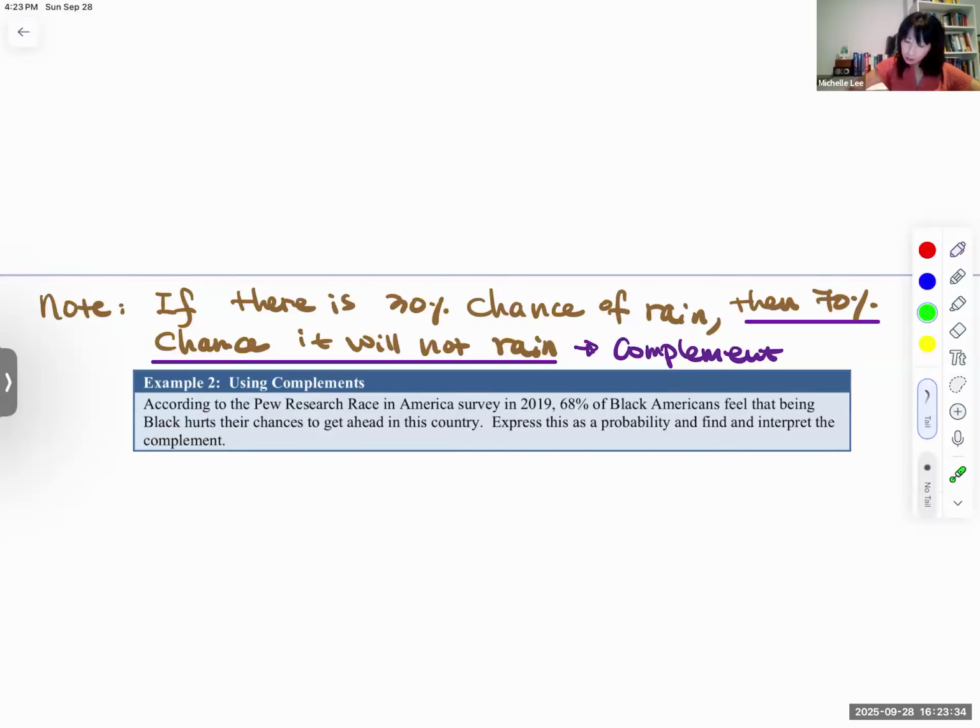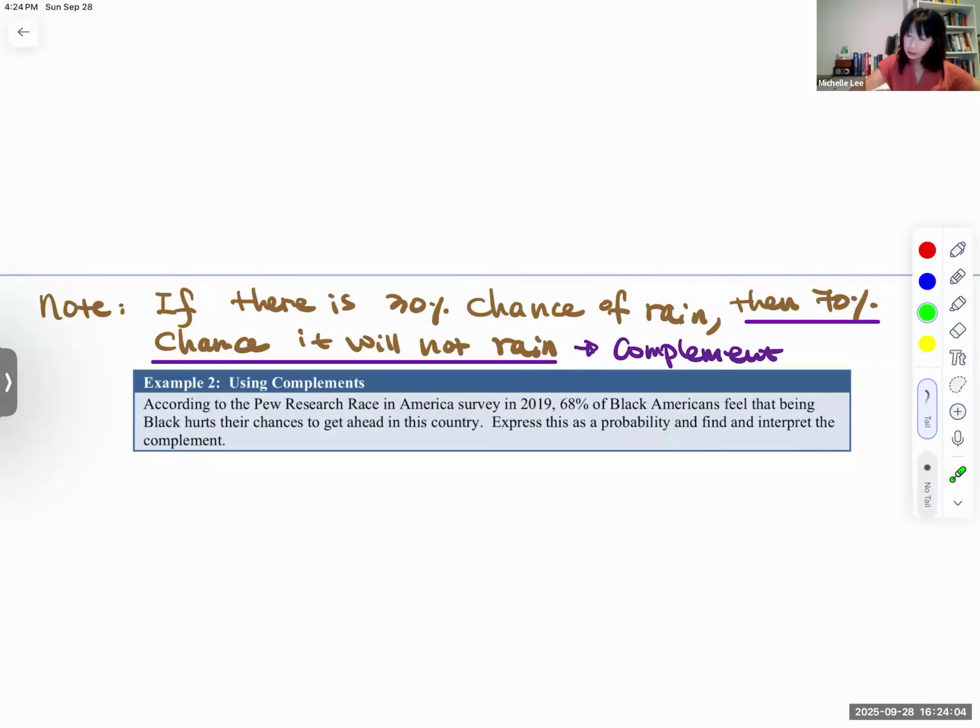Okay, so let's take a look at this example. According to a Pew Research survey in America in 2019, 68% of Black Americans feel that being Black hurts their chance to get ahead in this country. Express this as a probability and find and interpret the complement.